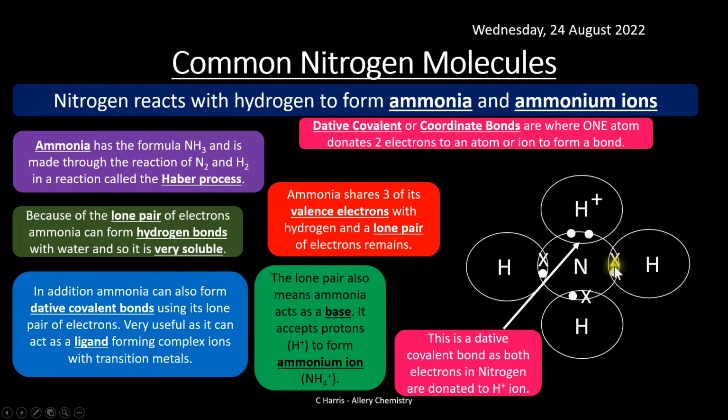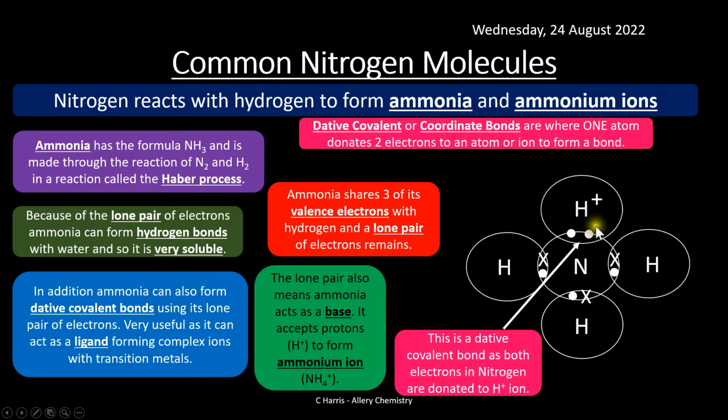It's not the same as a standard covalent bond where you've got a dot cross. This is weaker than a standard covalent bond, which actually plays into its favour, because you'll see later on it means that it's quite reactive. It can react with certain things as well.